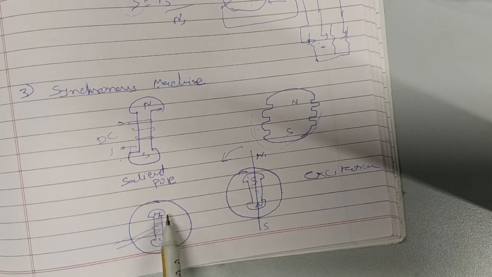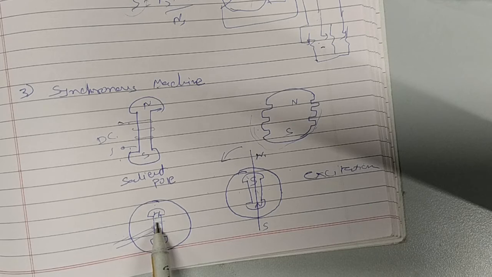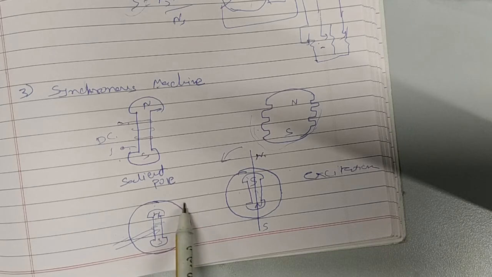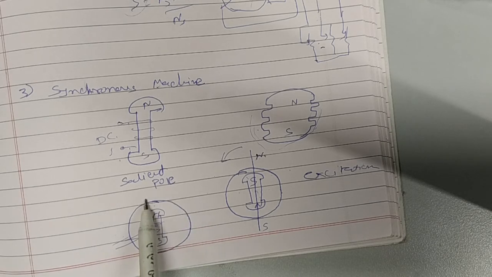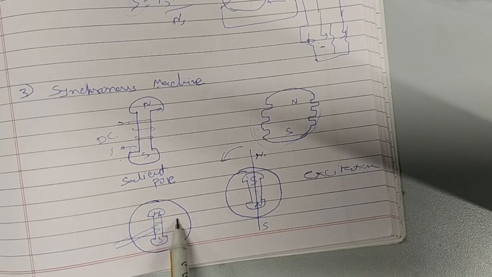However, we need to make sure that the mechanical input is always available and the DC supply to the field poles or rotor pole is also available, and that will make the operation possible. Only after that will we be able to take any kind of EMF from here. As long as this is open circuit, the output power will be zero.